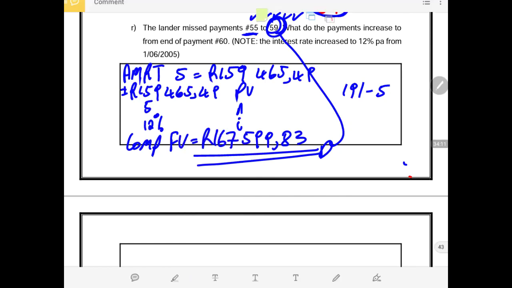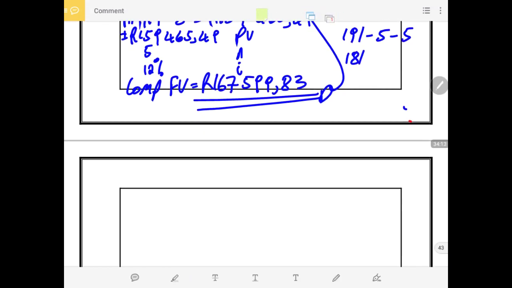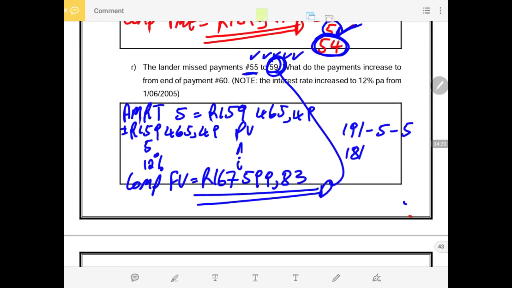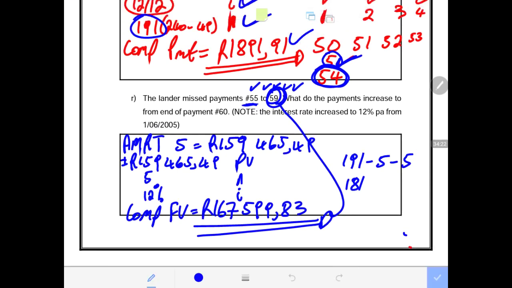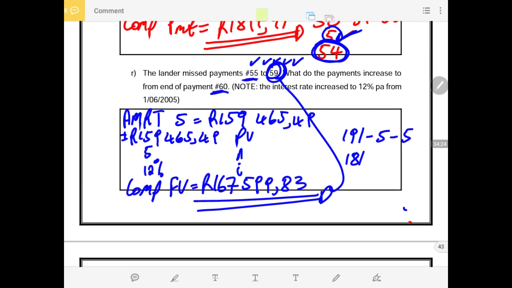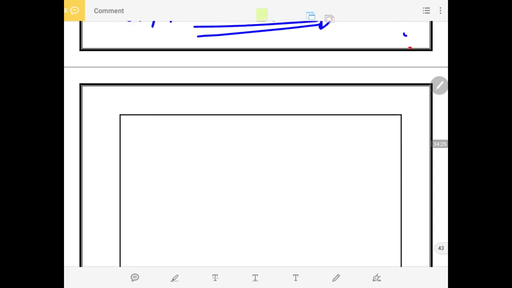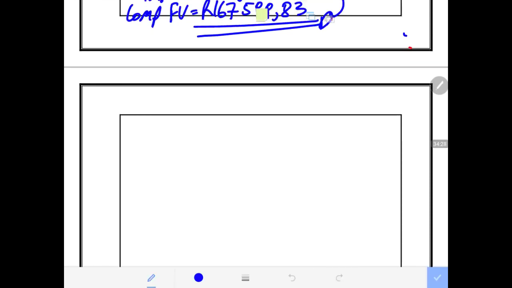So now we need to calculate the new payments starting at the end of month 60. The new payments at the end of month 60. So we say plus minus our future value becomes the present value, because this is what the client presently owes. 167,599 rand 83 cents is our present value.